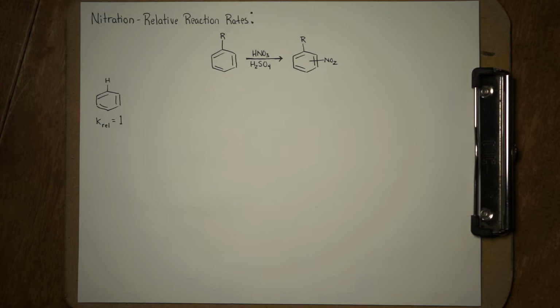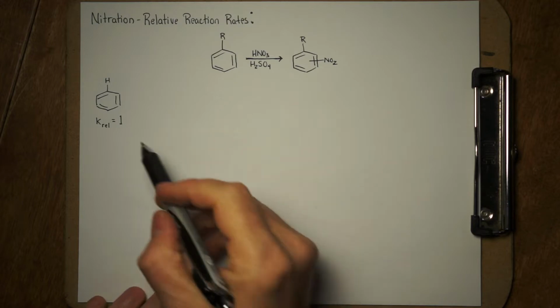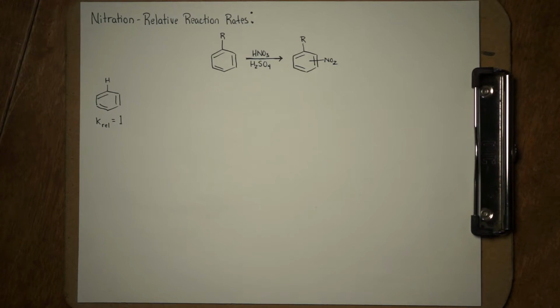All we're doing is we want to compare how substitution is going to affect the reaction rate relative to benzene. So we're just arbitrarily setting benzene at 1. K-rel is, again, the rate constant for the reaction. So if we have a higher K-rel, all that means is that the reaction rate is going to be increased. If we have a lower K-rel, a K-rel between 0 and 1, that just means it's a slower reaction, or the reaction rate will be decreased.